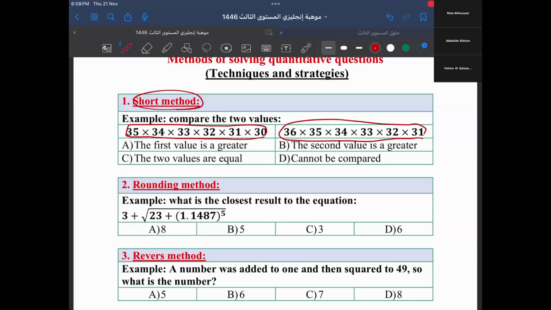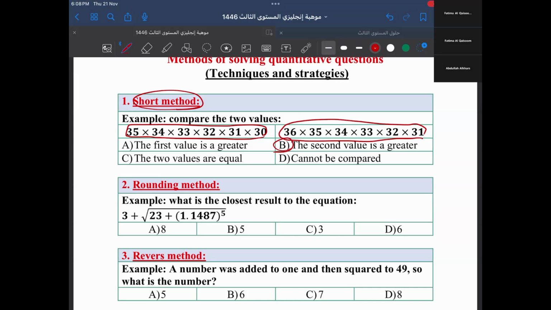Yes, Abdullah? The second value is going to be greater because the numbers are greater than the first one. Exactly, ممتاز. So here, as you said, B would be the right answer. We don't need to multiply all the numbers. We just need to find which one has the bigger numbers.